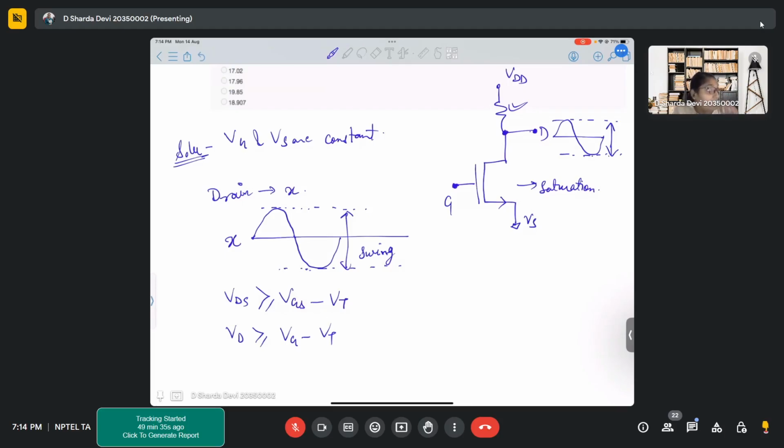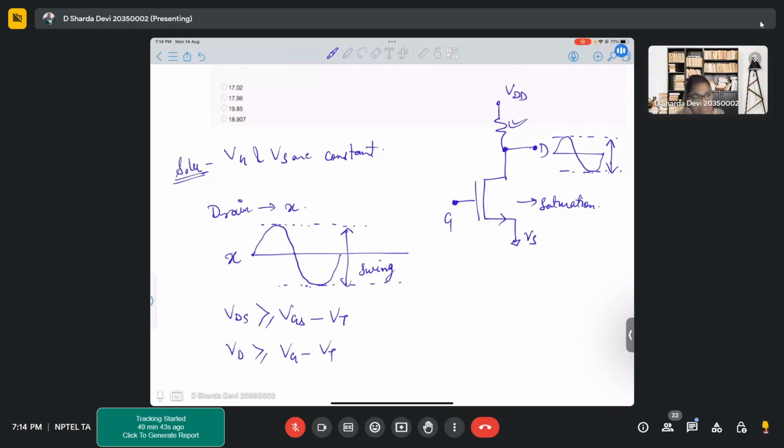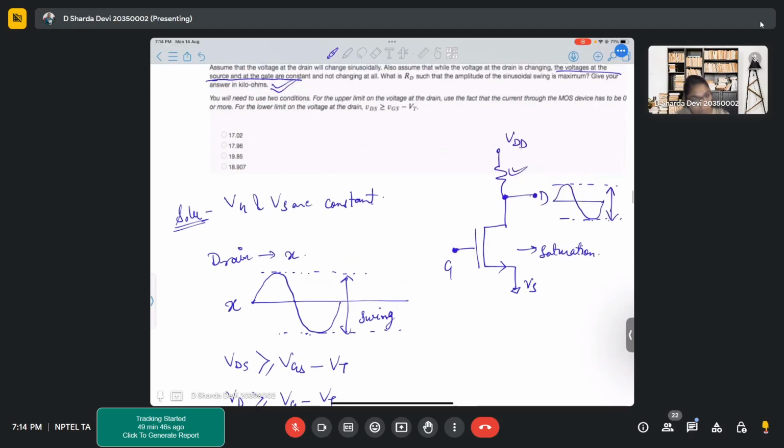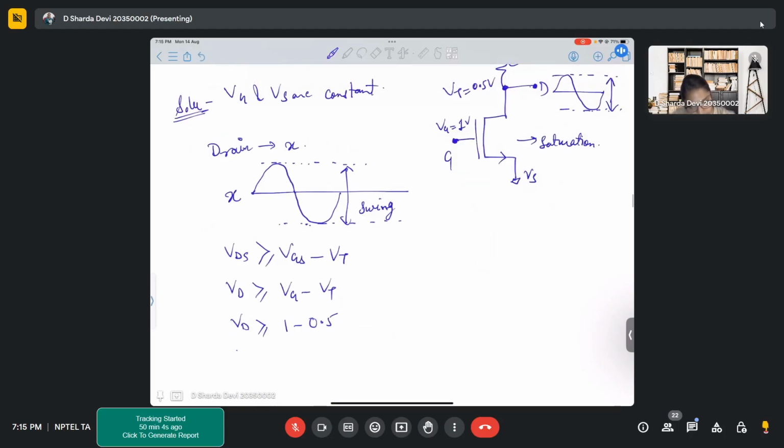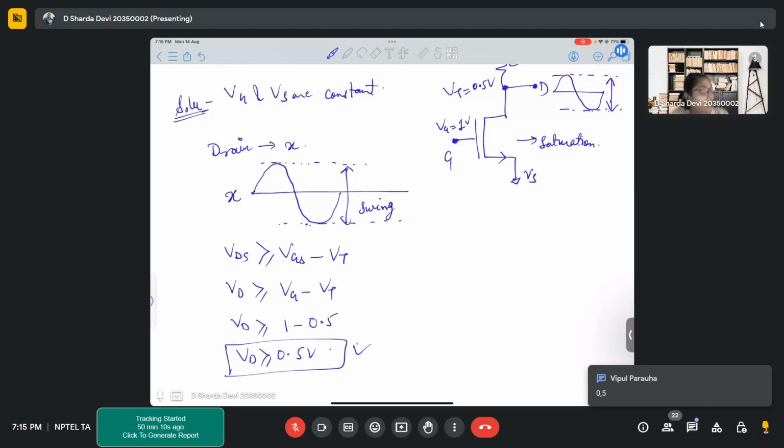So here your VG was 1 volt, right, earlier. The same VG, let's say 1 volt, and your VT is 0.5 volts. Then what is your VD? VD should be greater than or equal to 1 minus 0.5. So VD should be greater than or equal to 0.5 volts. Yes. So this is one condition.